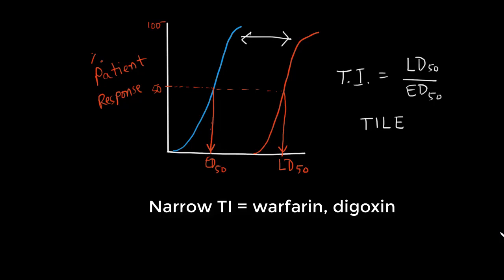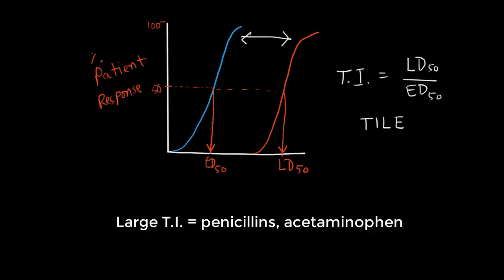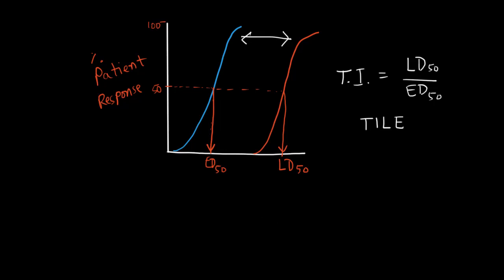In those drugs, if we make any mistake in the dosing, it will have very serious consequences. But there are some drugs like penicillin or acetaminophen where the therapeutic index is very large. So therapeutic index is a very good indicator to compare the safety of different drugs.